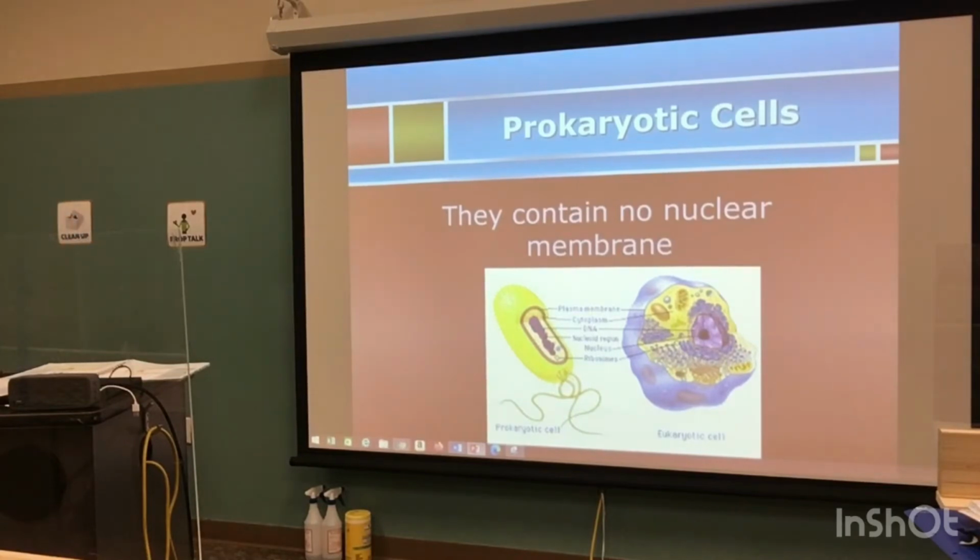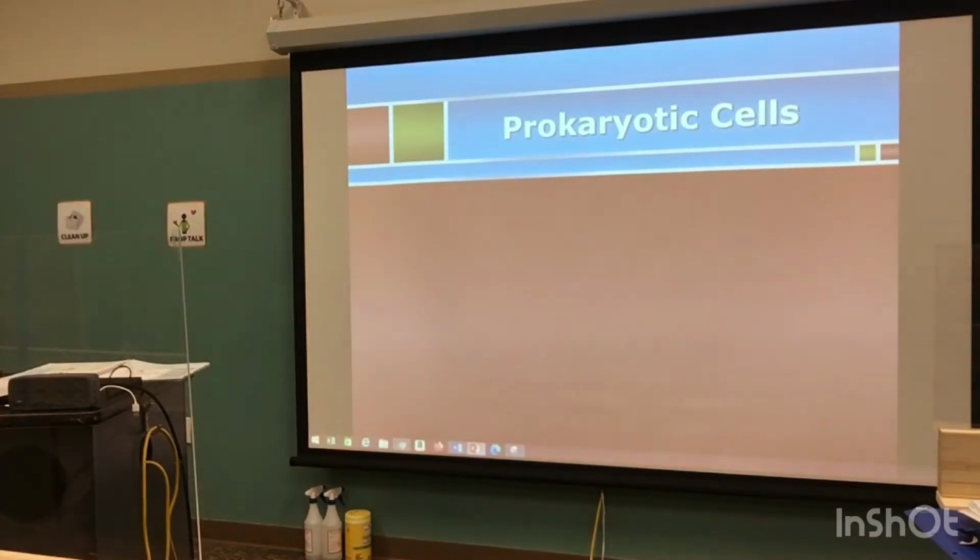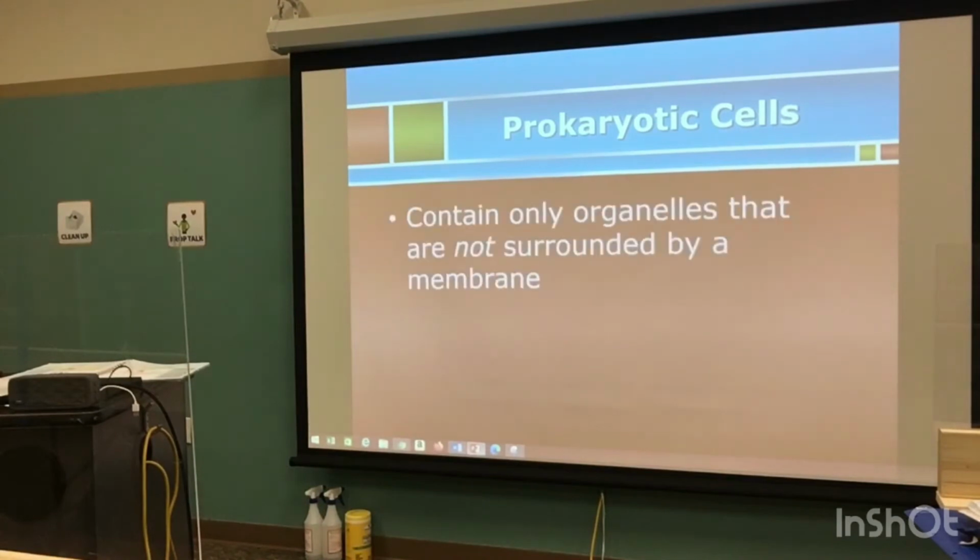Now, some things you need to know about prokaryotic cells. They are more simple and don't have near as many parts and pieces. They don't have near as many organelles in them. And that's why we say they're more simple.